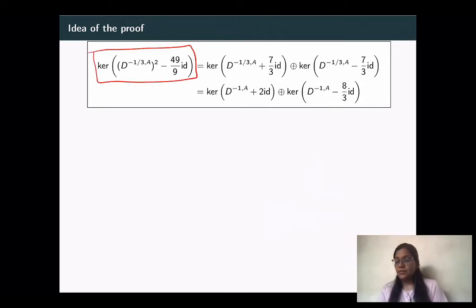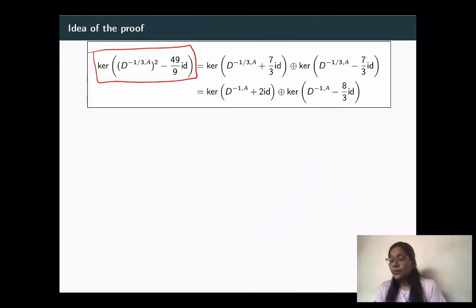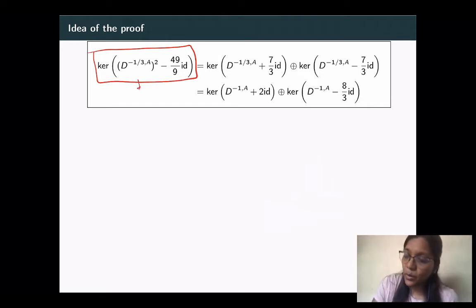Because from here it's very evident that whatever L satisfies this Casimir equation, if epsilon is in that L, then it will be an eigenspace of the kernel of this Dirac square. So now these are all the L's that satisfy the Casimir equation.